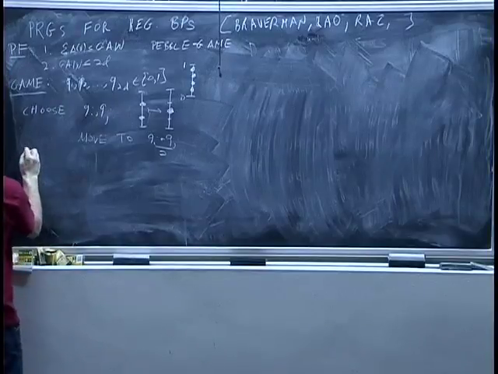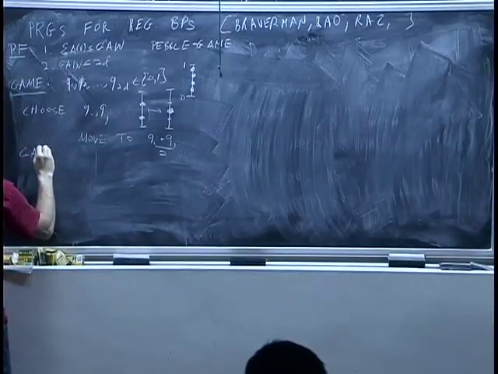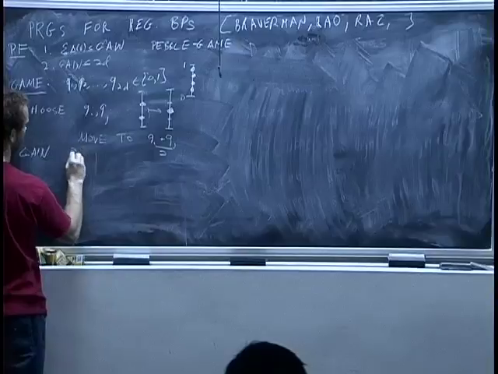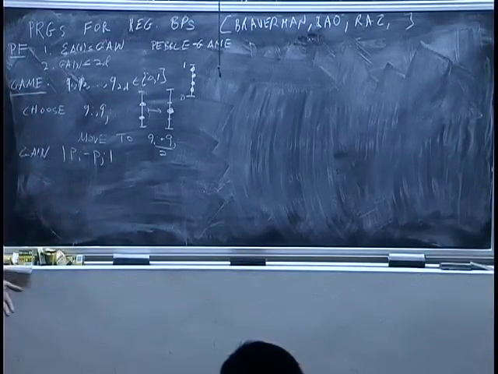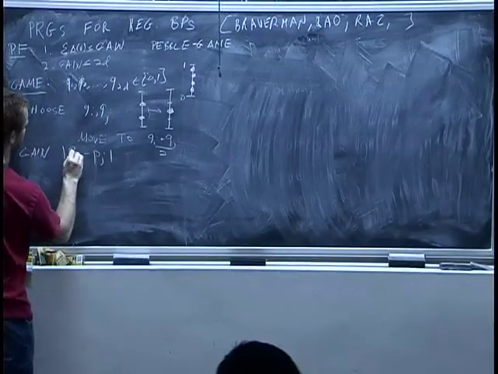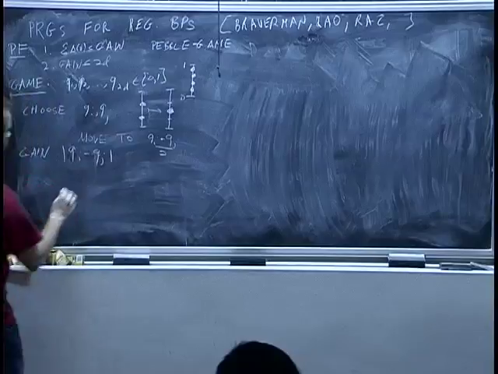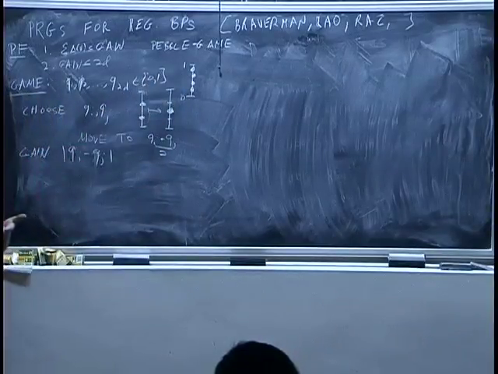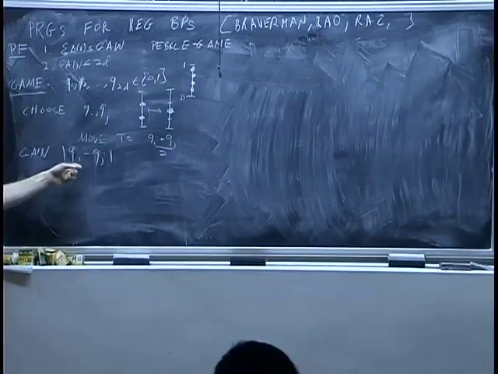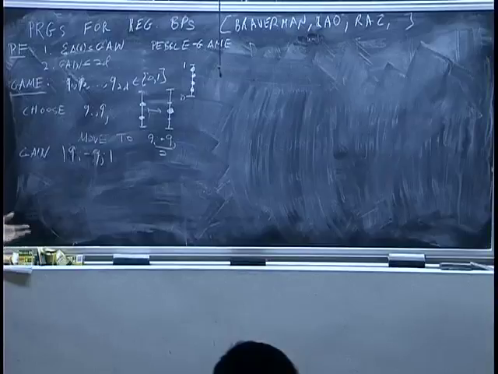And the gain will be P_I minus P_J. So we can move pebbles one towards the other, and if they're far away, we get a big gain, and then we want to maximize our gain in any finite number of steps.